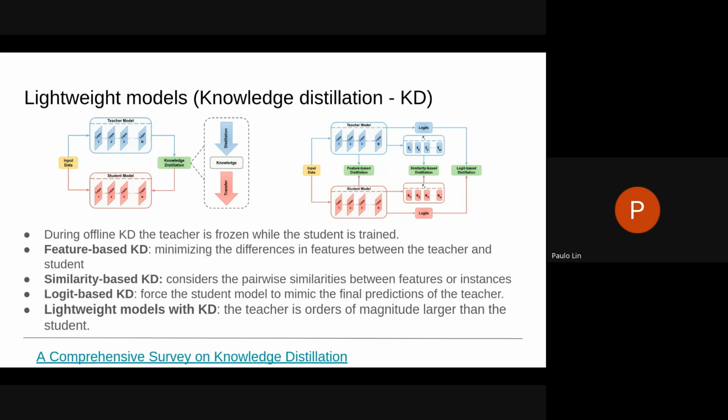The first one is feature-based, which aims to minimize the difference between the features obtained with a teacher model and the features obtained with a student model. The second approach is similarity-based, which just considers pairwise similarities between features or instances. In this case, we don't want to minimize the differences.